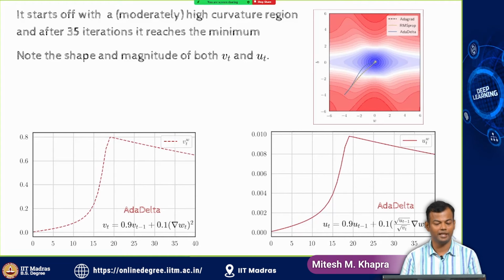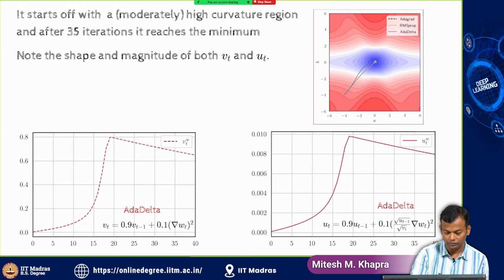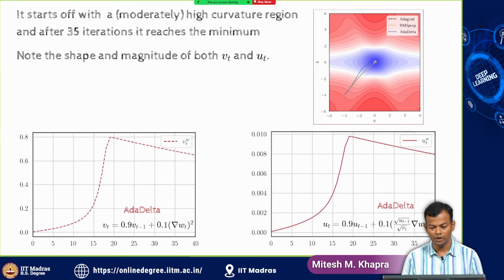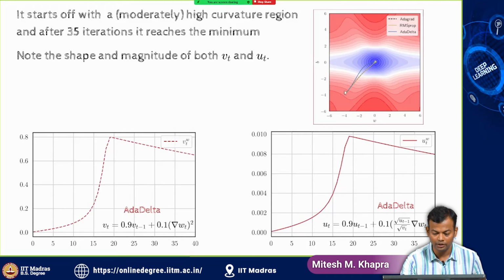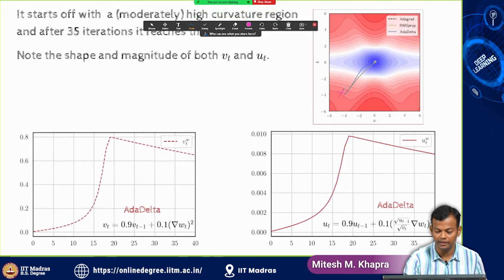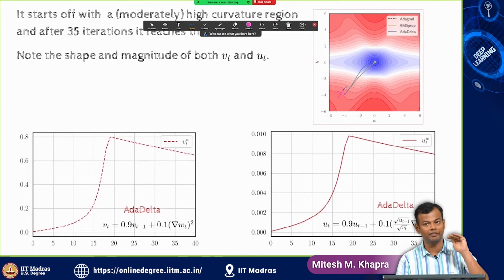So what is happening in this curve is that initially you were in a high loss region, but also a relatively flatter region.